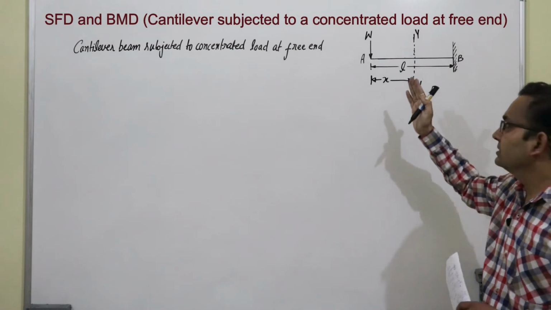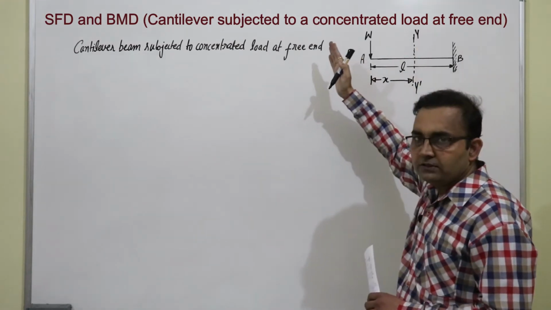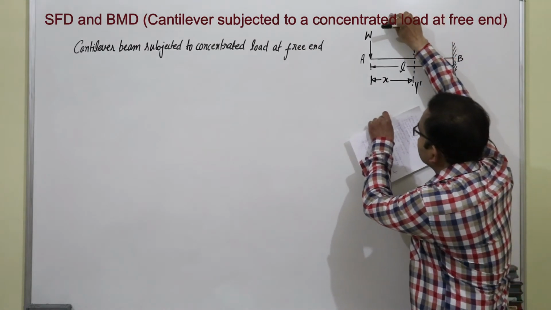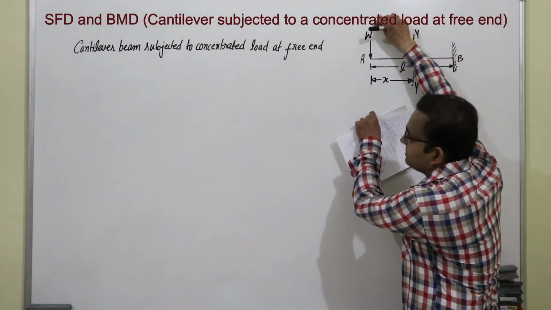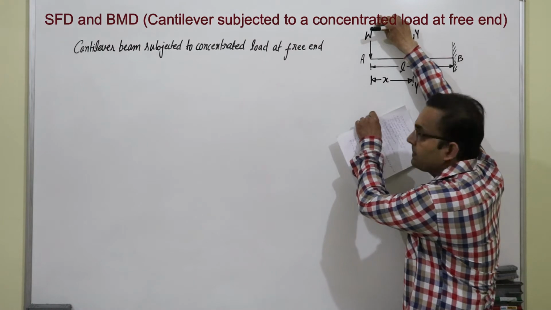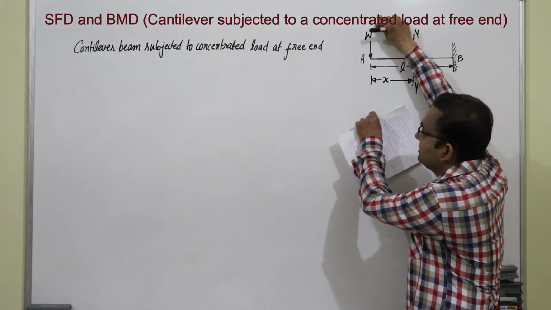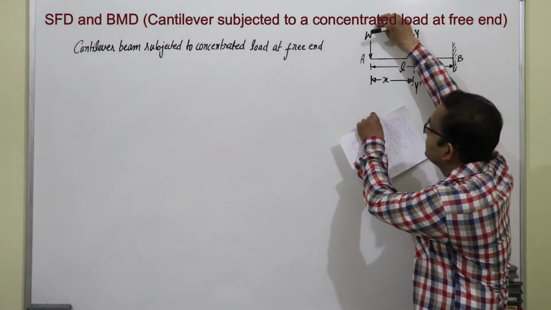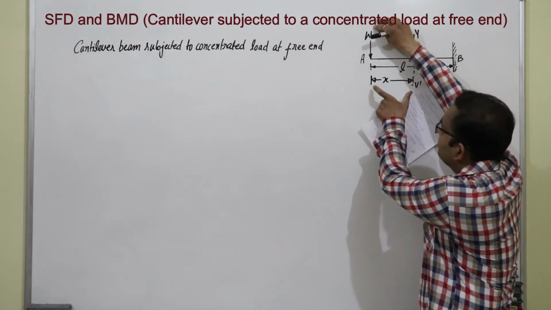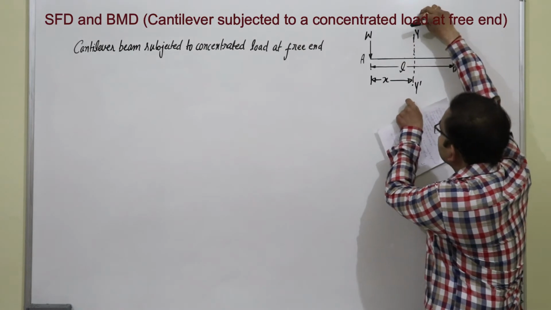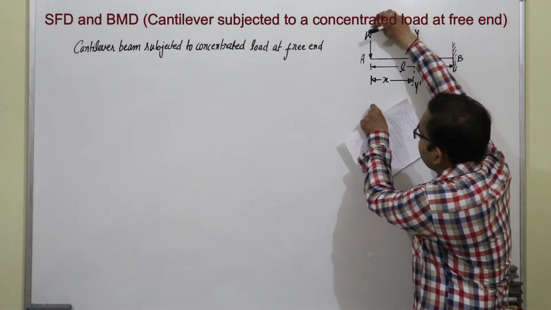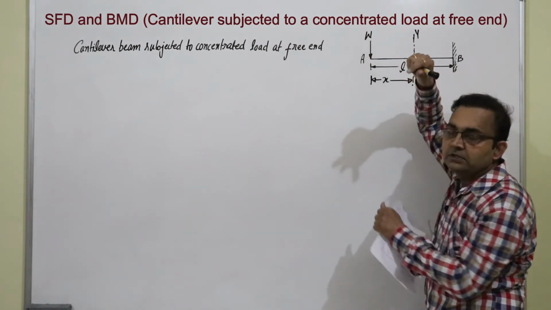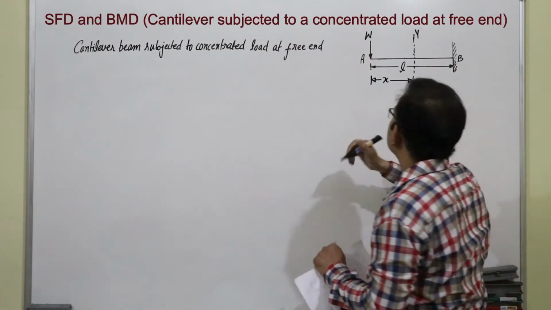Now, we will see the force toward the left side of this section. I will slide this section to this side, just near to A, and we will see there is force W if the section is at this point. So, what will happen? X will reduce, this section will come to this side and at the left side of this section we are seeing force W which is downward.